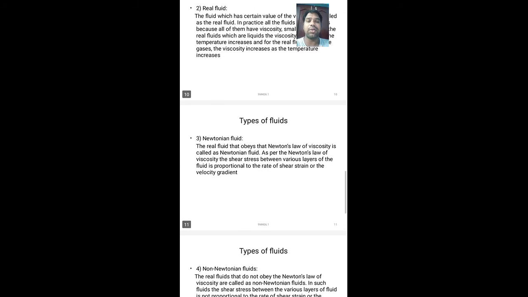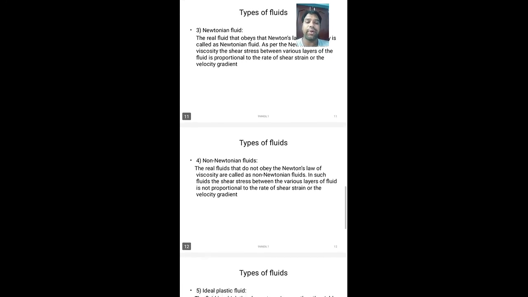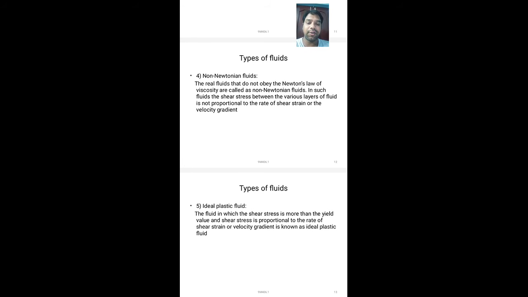Whereas in the case of non-Newtonian fluid, the fluid does not obey Newton's law of viscosity. Ideal plastic fluid is one in which the shear stress is more than the yield value, and thereafter the shear stress is directly proportional to the rate of shear strain or velocity gradient. So these are the various types of fluids, right?